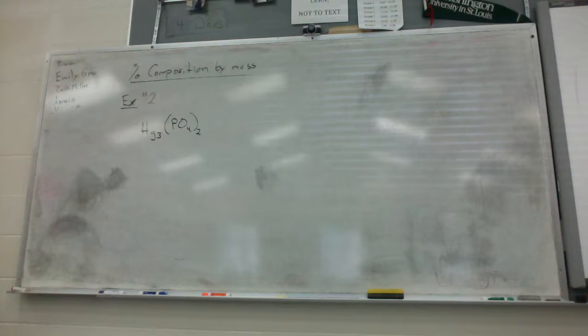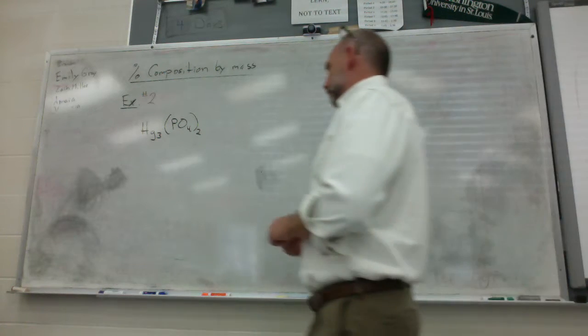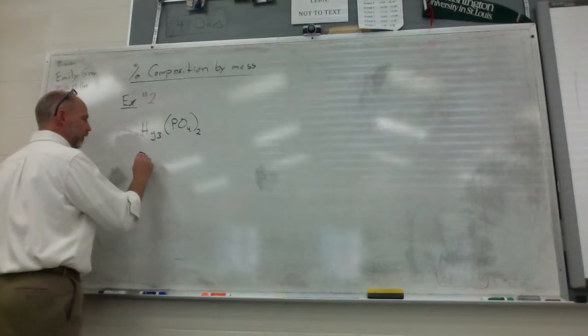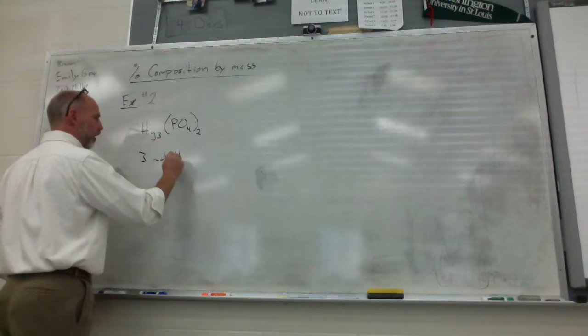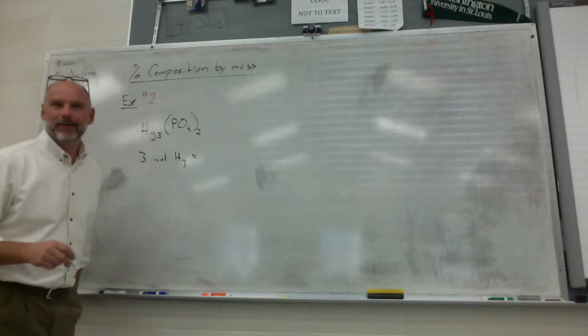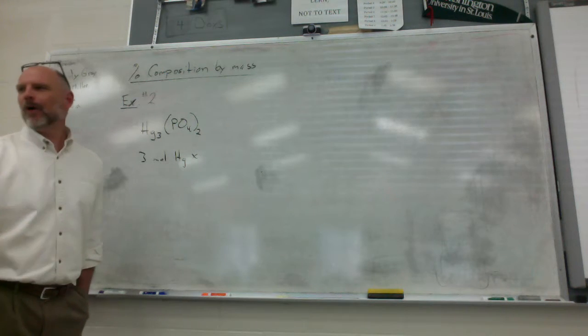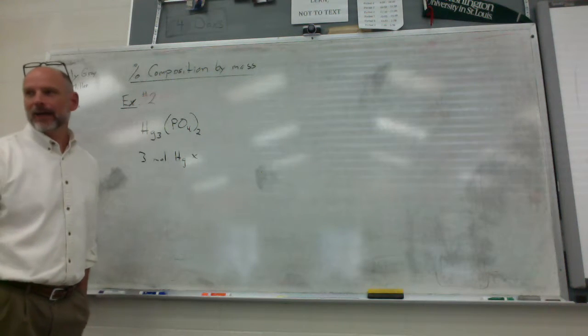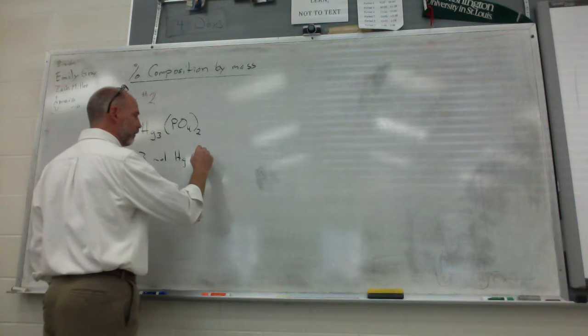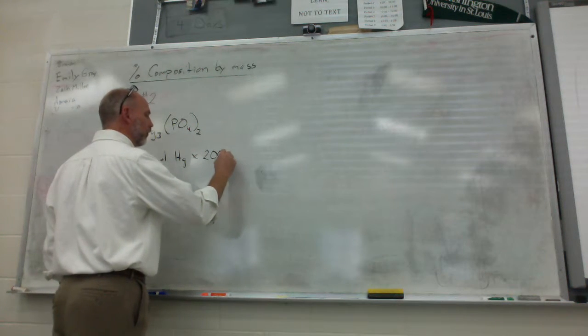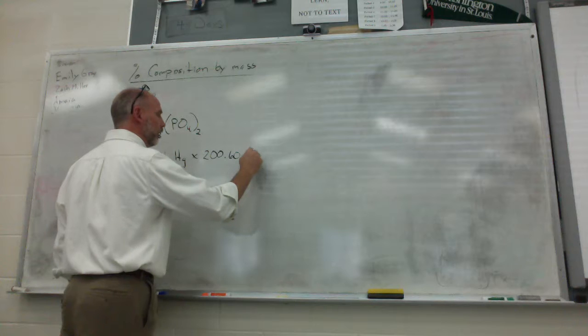What's the percent composition by mass of this? Well, I know that you guys can do this, but let's do it for fun. How many mercuries? 3. What is the mass of 1 mole of mercury? Oh, yours says 6? Ah, okay, I'm used to remembering it as 200.59. All right, so 200.60 grams per mole.